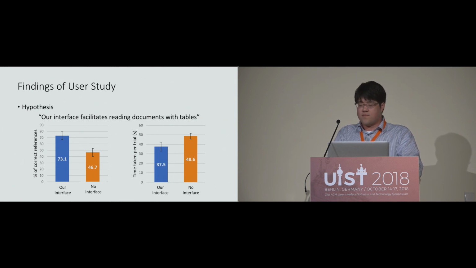Also, the participants spent 11 less seconds with our interface than without. The difference is again significant, and thus further supports our hypothesis. When asked to report the usefulness of the UI, with 5 being very helpful, the participants in general reported that the interface was useful with a mean score of 4.1.